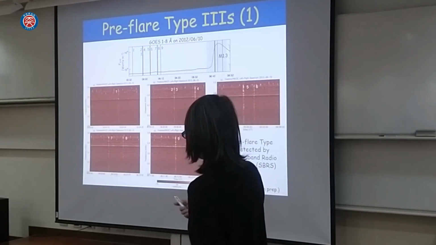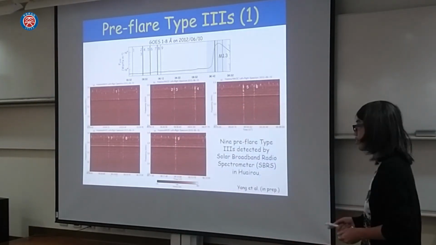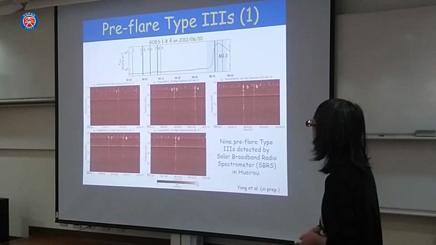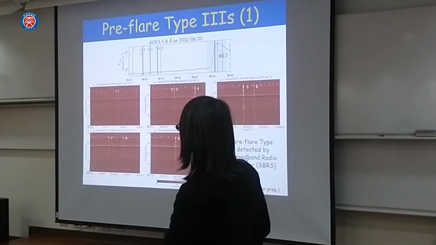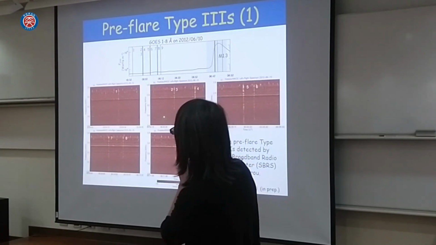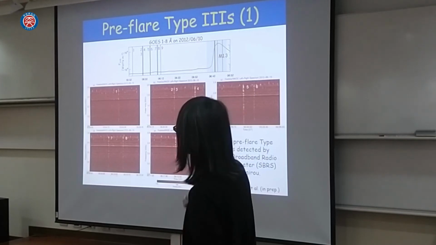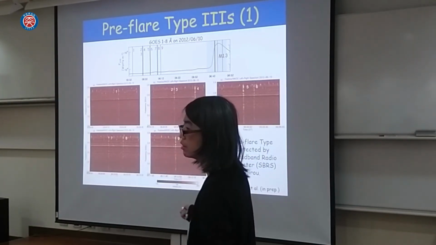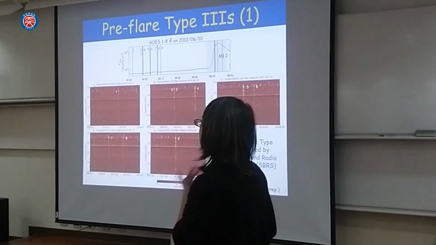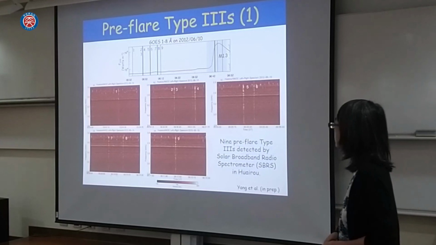So we use the radio data in Huairou, China, because they provide the radio spectrum in a range of 2.6 to 3.8 gigahertz. So it's almost near the microwave radiation.